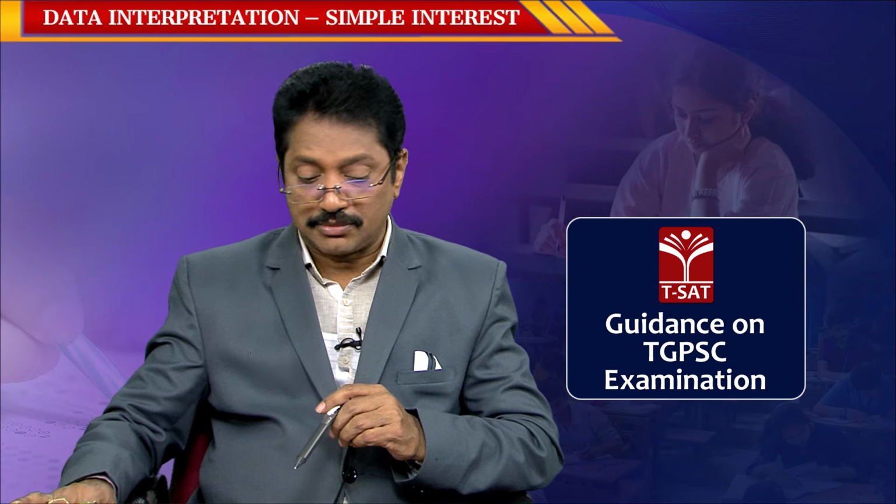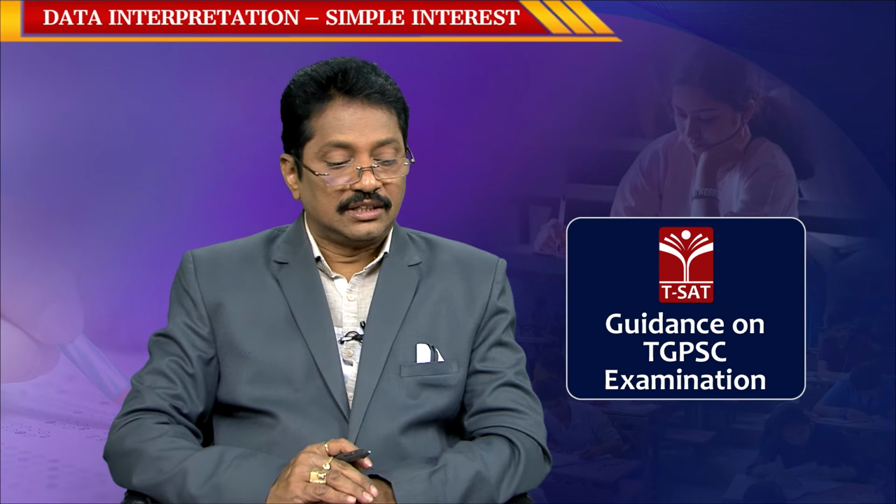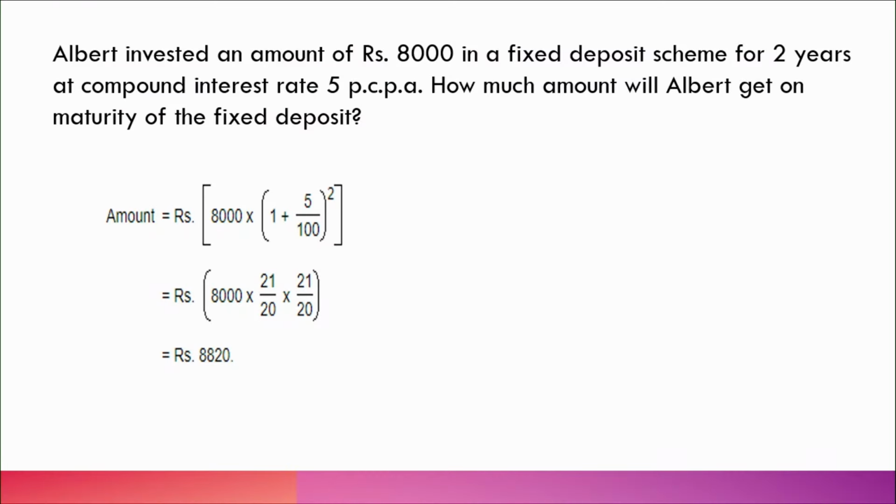Now we will see one more question. Albert invested an amount of 8,000 rupees in a fixed deposit scheme. Just now I mentioned the fixed deposit scheme, no? For 2 years at compound interest of 5% per annum. How much amount will Albert get on maturity of the fixed deposit?